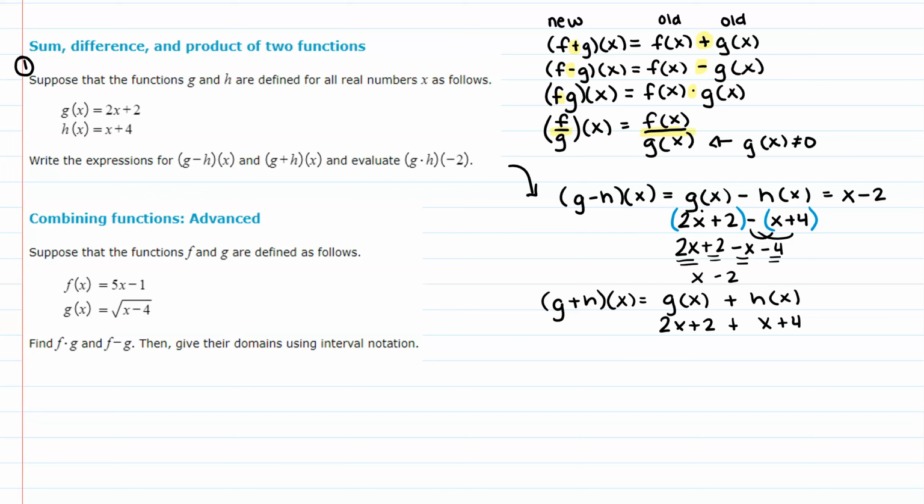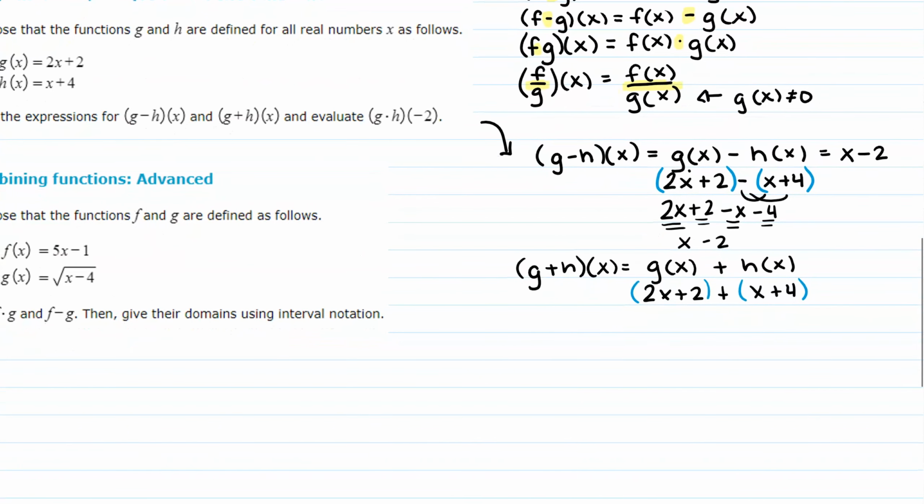Now again, you can think of these guys wrapped up all together because sometimes you might have numbers times on them, or subtraction, which you have to distribute. In addition, it's not really that exciting, so we're going to do 2x plus x, so that makes 3x, and then 2 plus 4 makes 6. So this new function with the name g plus h of x is going to follow the pattern 3x plus 6.